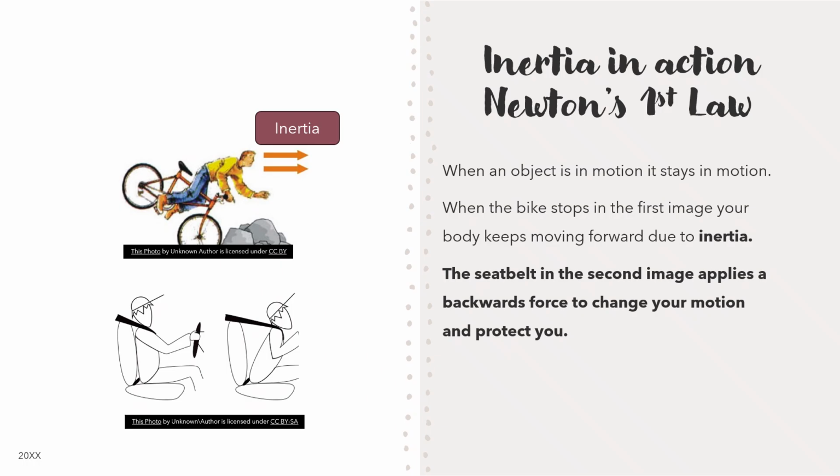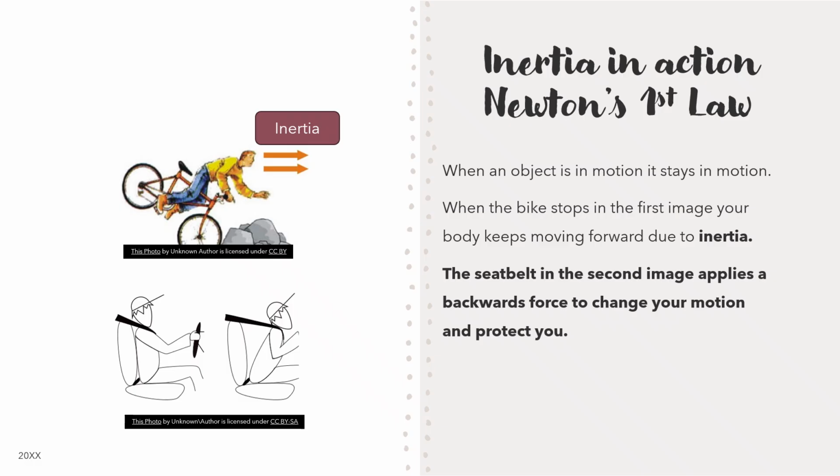And if you are to remember on a daily basis, a perfect example for this would be sitting in your car, driving, and stepping on the brakes. You are in motion and the car is in motion. As you step on the brakes, you are forcing that car in the opposite direction. Your body is sitting in that car and it's going to continue to go in the direction of the car.